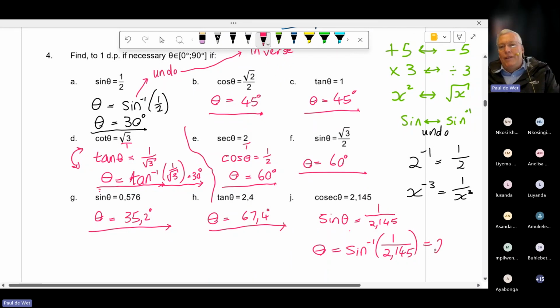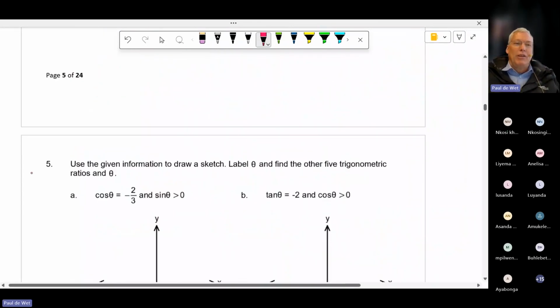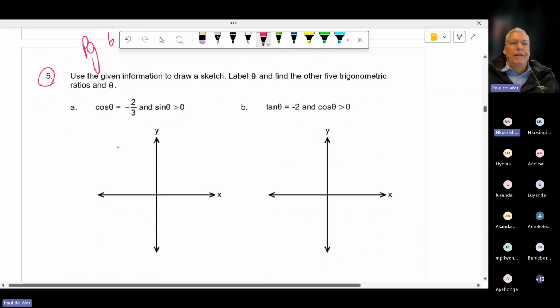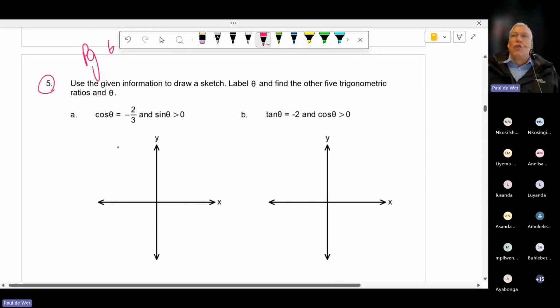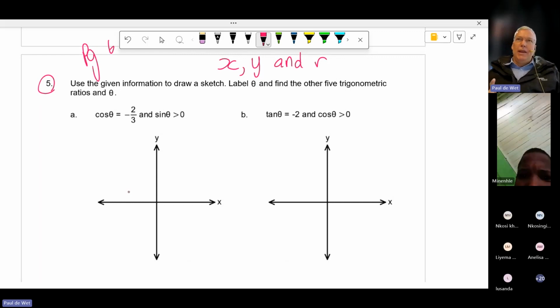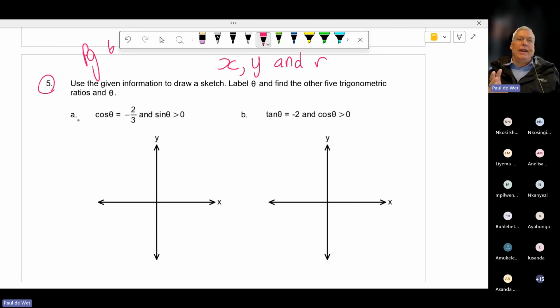Okay. Right. Okay, now, guys. Now, this is where it's going to get slightly more interesting. We're going to go to page 6. Okay. And we are going to draw a picture. Because we are in the Cartesian plane, we are only going to use X, Y, and R. Now, tell me, which quadrant am I in for this question?